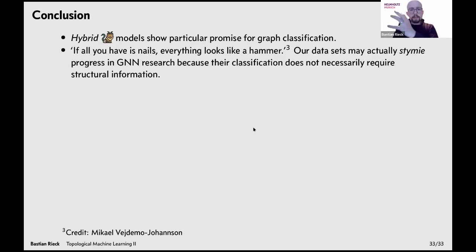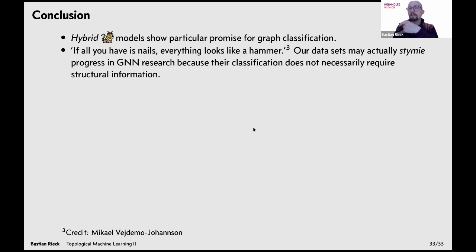Nevertheless, there is a dark side to all of the things that I showed you, and that is, if all you have is nails, everything looks like a hammer. That's how Mikael Vejdemo Johansson put it. I know that it's not the way that you would usually put this, but the results that we observed in Toggle in our topology-based graph layer experiments were a little bit disconcerting, because they showed that a lot of the data sets actually contain lots of structural information about the graph.